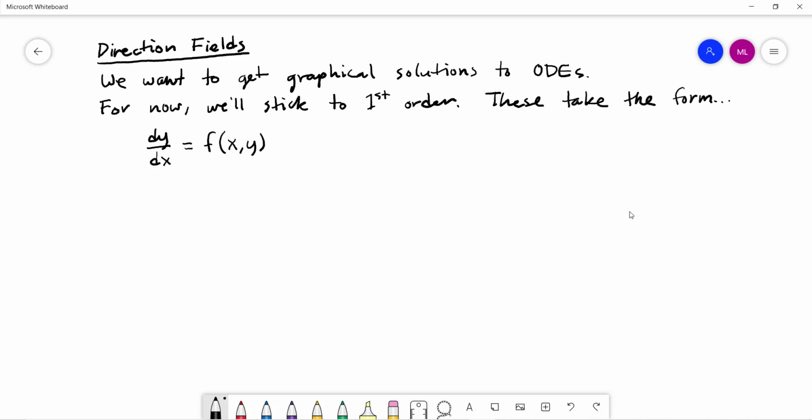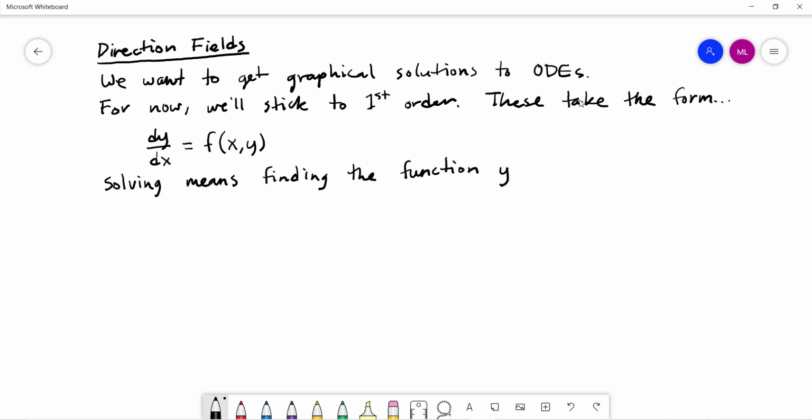What it means to solve this differential equation is to solve for y. So solving means finding the function y.